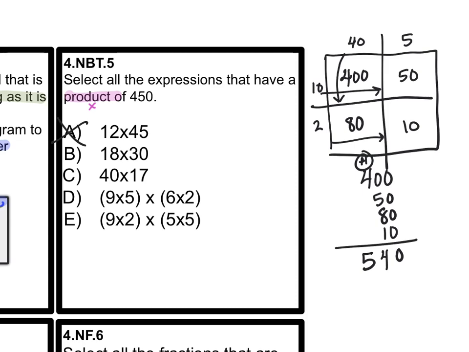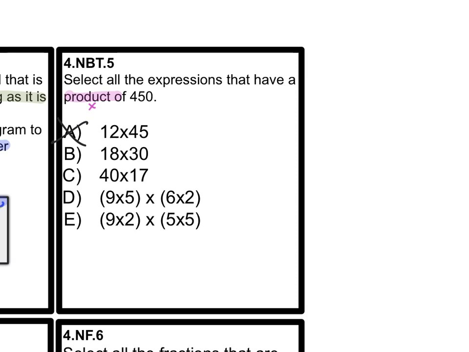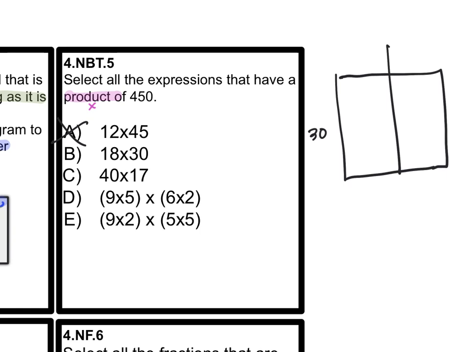My next one is 18 times 30. So I'm going to draw. Let's get rid of this part. You can pause it if you need to. So now I'm going to do the same thing for 18 times 30, but I don't need to make 4 boxes on this one. I just need to make it into 2 because 30 has a 0 in the ones place value. I'm going to separate out the 18 into 10 and 8.